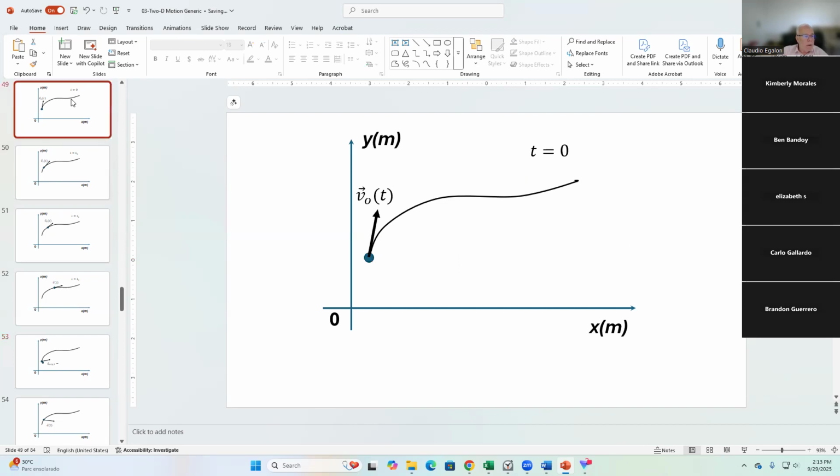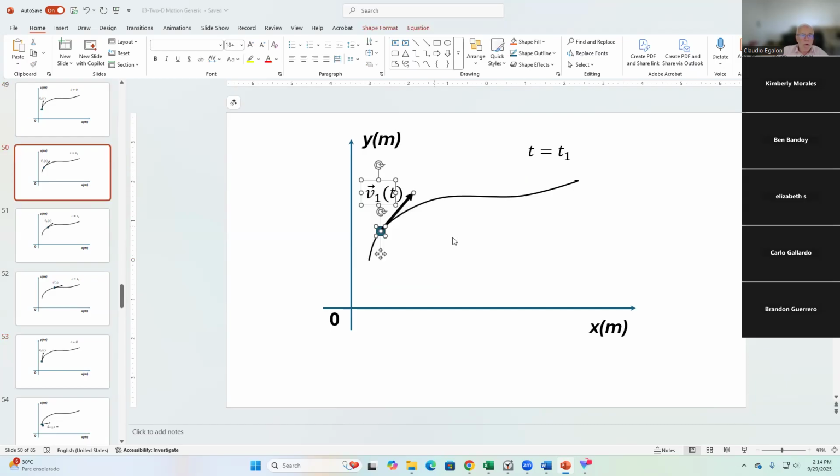Let me copy this one right here. Make sure we have V0 here, right? And let's get the V1 as well. And I'm going to superimpose that to the other graph.